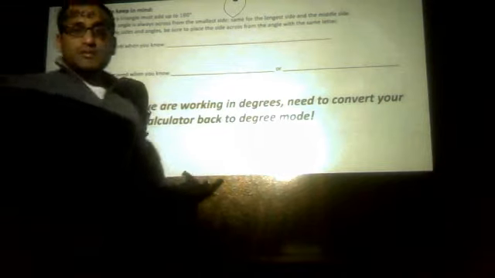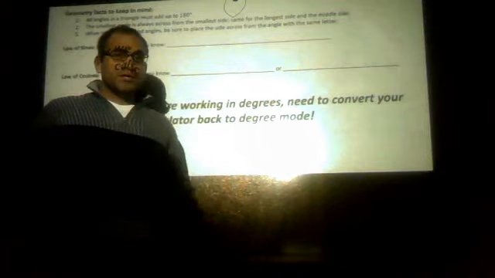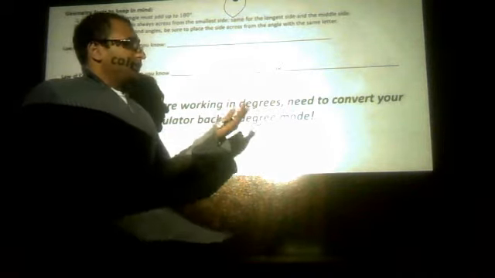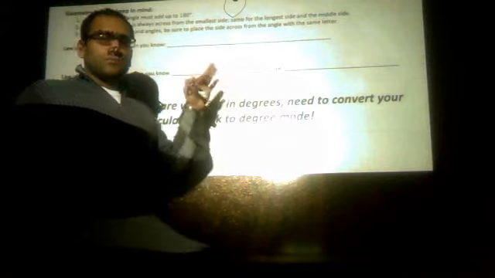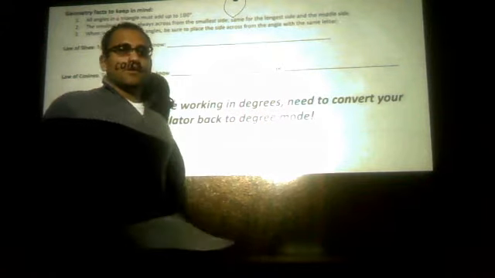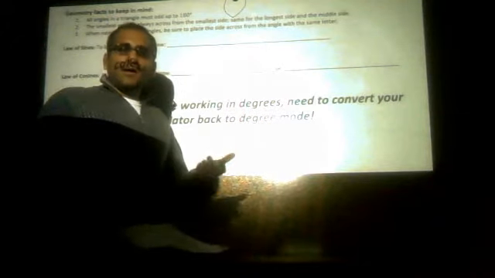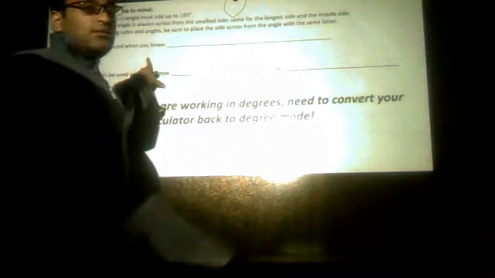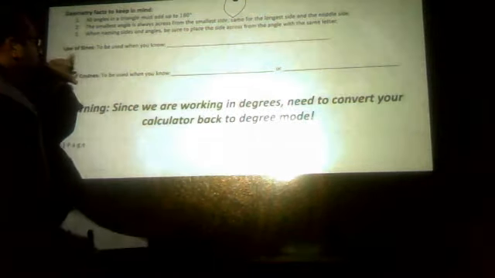Sometimes I'm going to give you only one side and a couple of angles, or all the sides, or a couple of angles and a side. But in most of these problems, whenever we're using the law of sines or the law of cosines, we're going to have triangles that do not have right angles, or that don't have 90-degree angles for the most part.